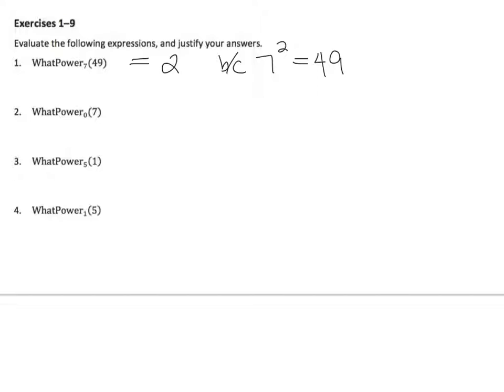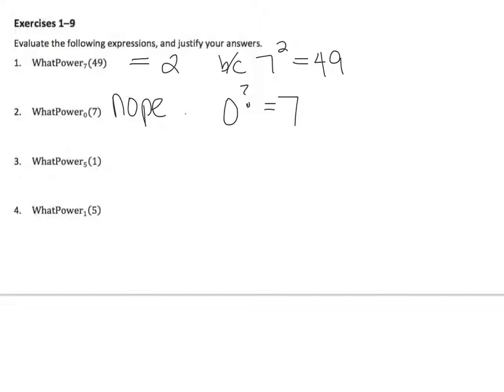What power of base 0 is 7? So 0 to the what power equals 7. Yeah, that doesn't work.